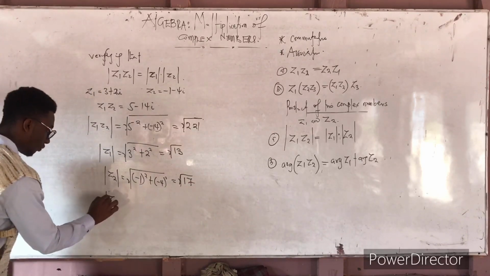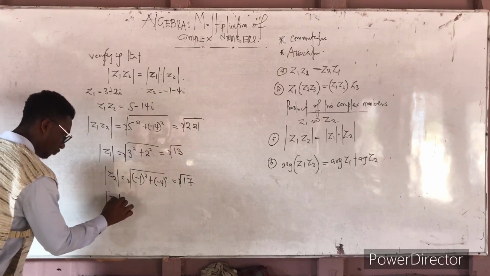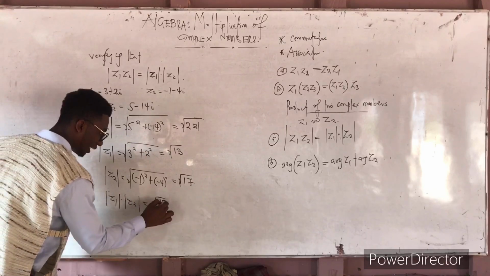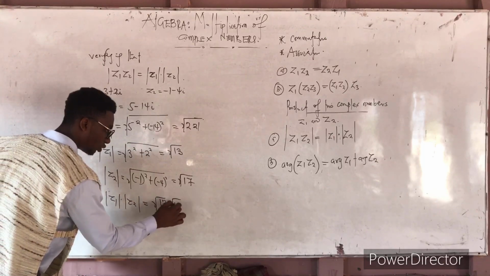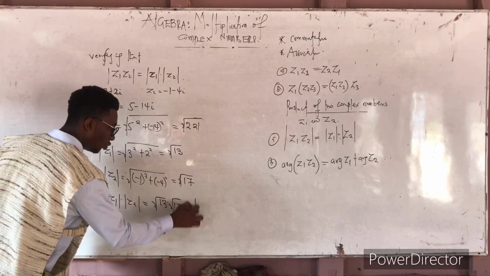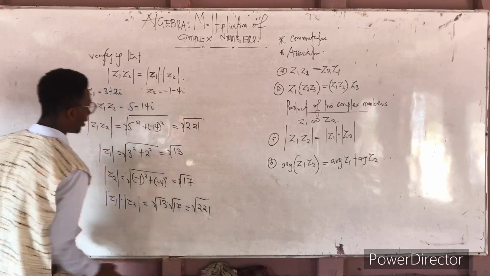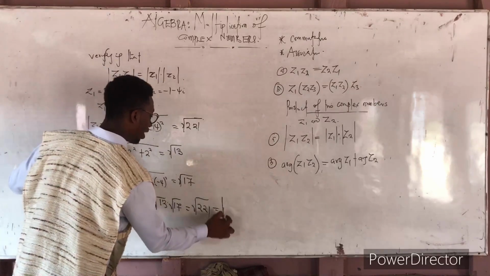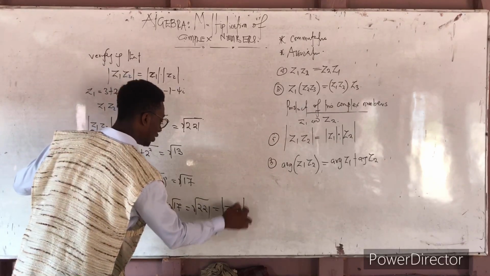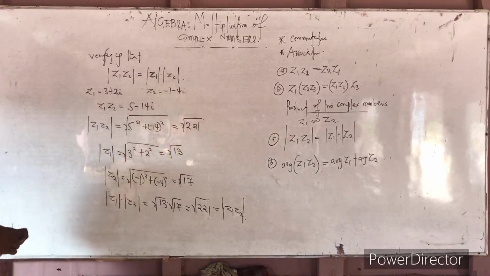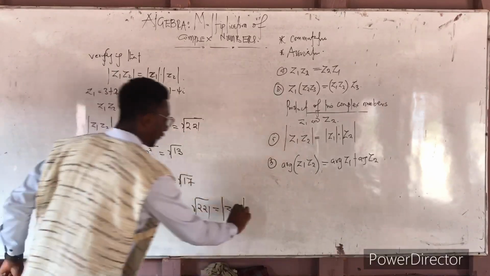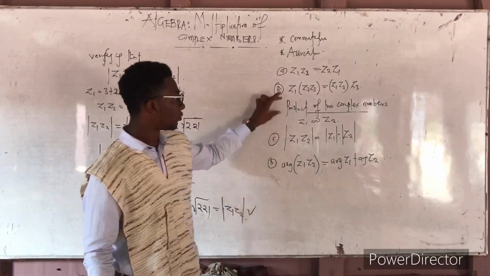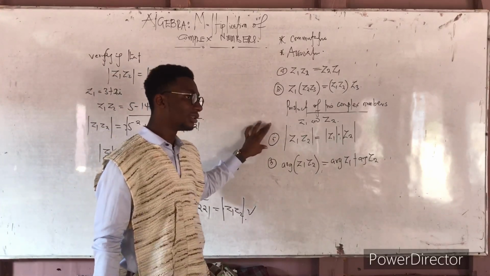Therefore, the modulus of z1 multiplying the modulus of z2 is root of 13 multiplying root of 17, and that will give you root of 221, which is the same as the modulus of their product z1 z2. So you realize that the product property of the modulus of two complex numbers is verified.